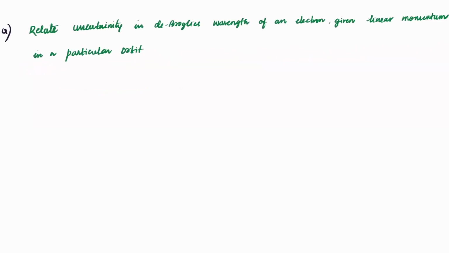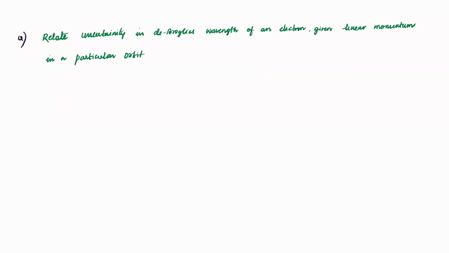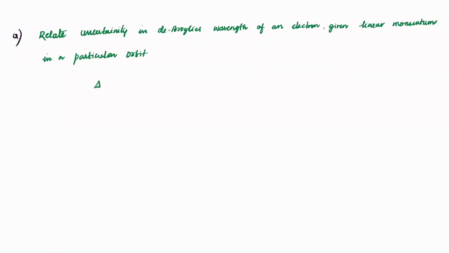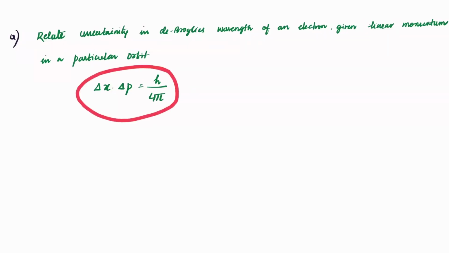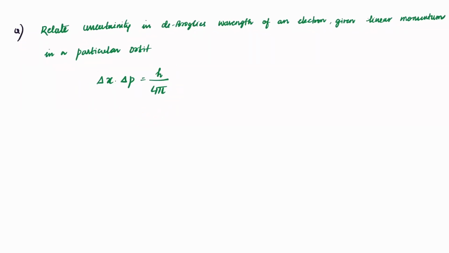Please check. You know the formula: delta x dot delta p is equal to h by 4 pi. This type of question is mainly focused on JEE Advanced, because here the thought process should be very different, and you should know how to use differentiation in application. You know that the de Broglie wavelength lambda is equal to h by p.